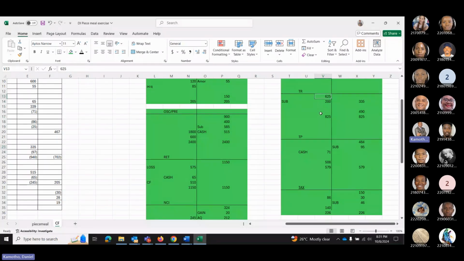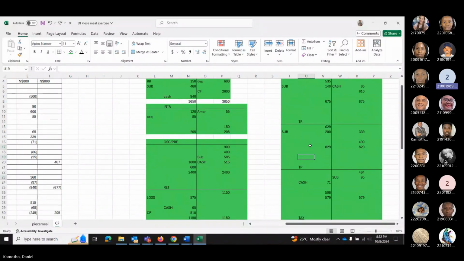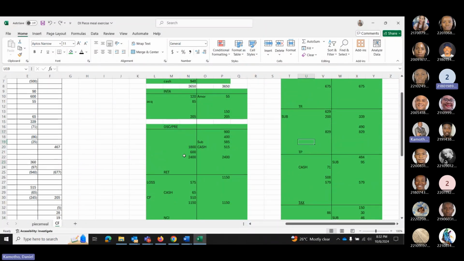This was 625. Undo, so it's row 15 that you need to adjust. Which one do I need to adjust? E15. Which one? Here? E15, your working capital. Working capital? Yes, row E15. I adjust which figure?